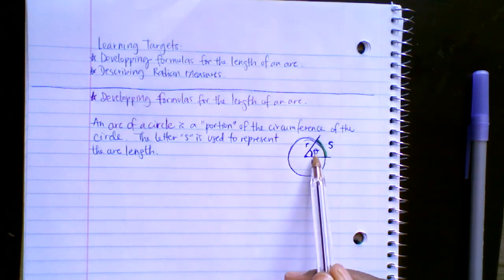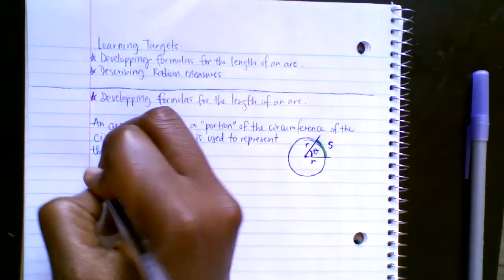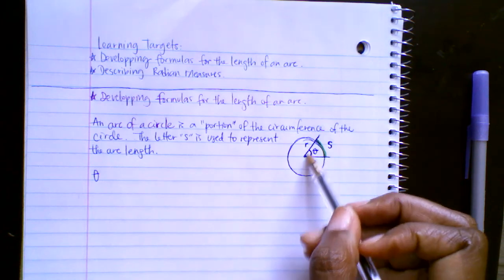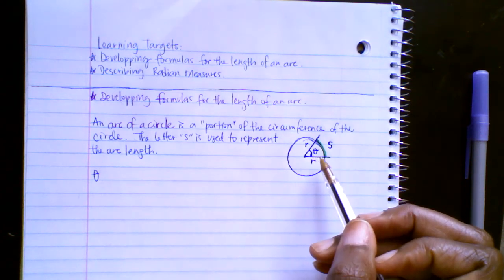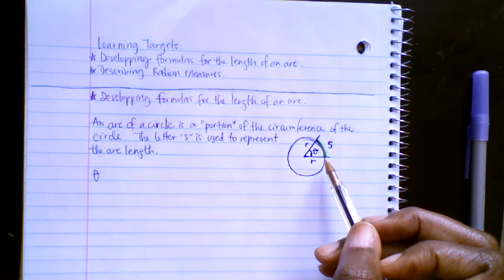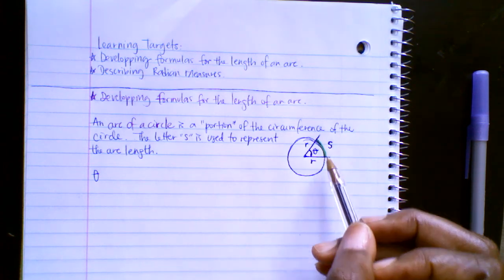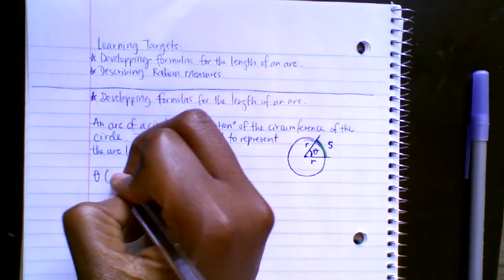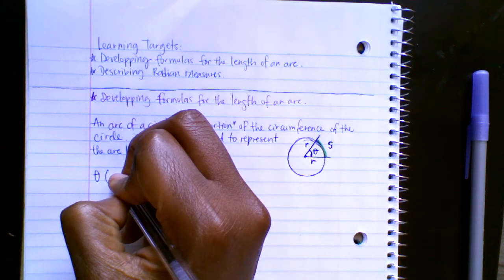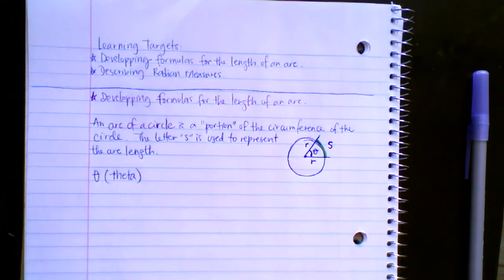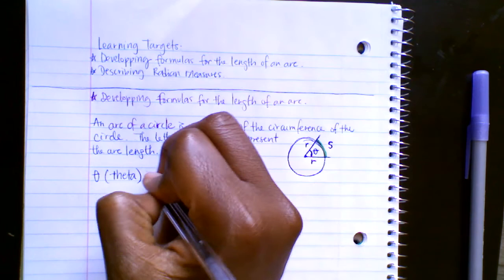Now let's define what theta is. Theta represents the center angle, the angle formed by two radii, the plural of radius. We pronounce that theta, and you write it as theta. Theta is the central angle.